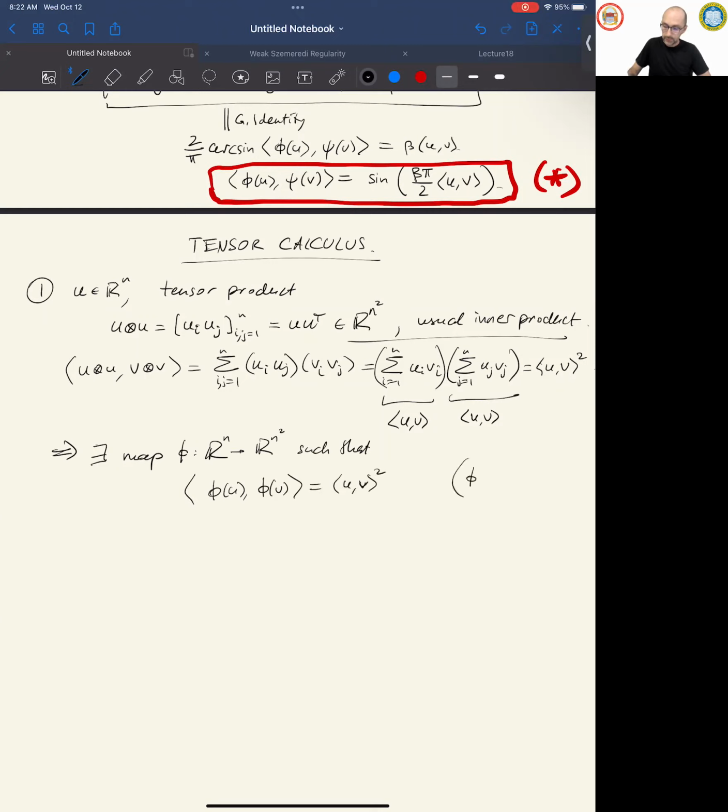And the map, of course, is just making the tensor product of u with itself. That's it. Cool. That's how we can realize the square of the original inner product as a usual inner product in a higher dimensional space.